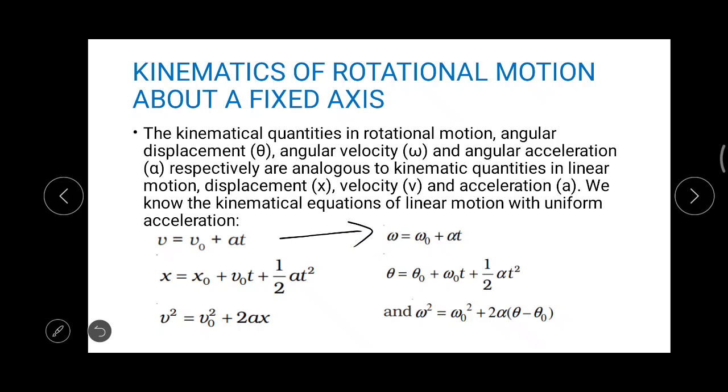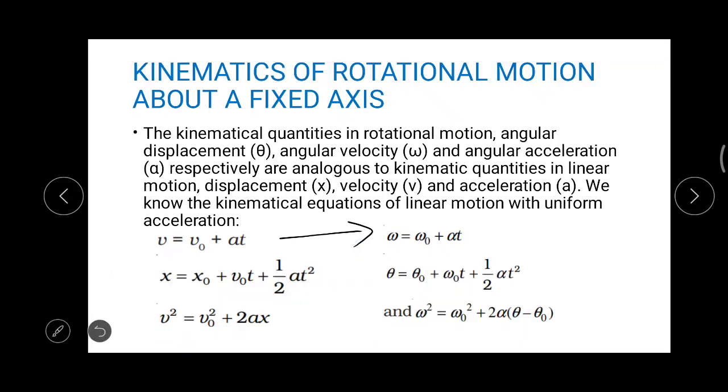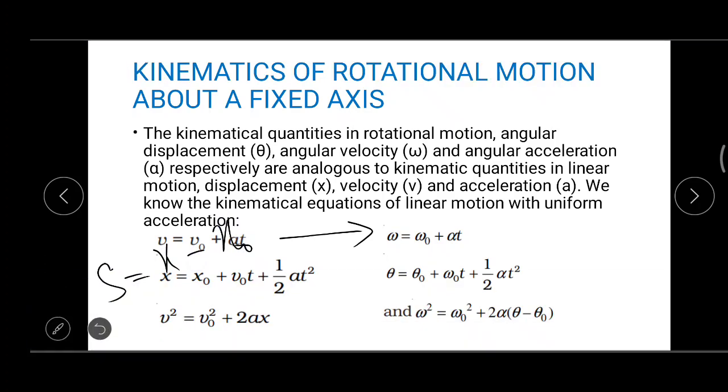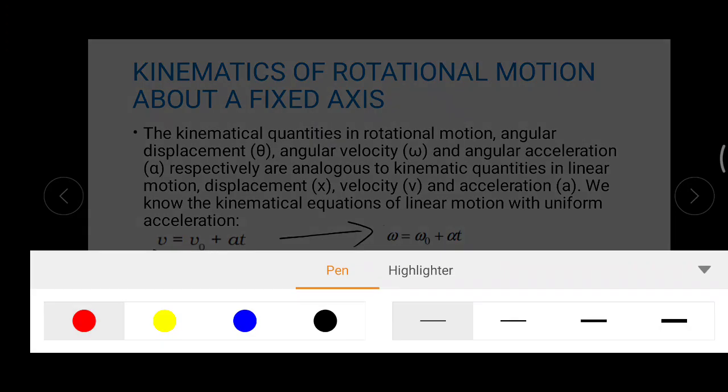Same way, the second equation, that is x is equal to x0 plus v0 t plus half at square. We have studied this as s is equal to v0 t plus half at square, where s is actually x minus x0, the final position minus the initial position. The same equation only.